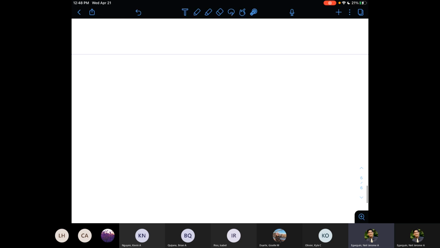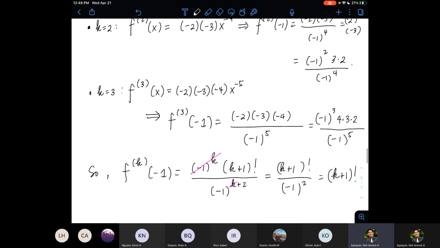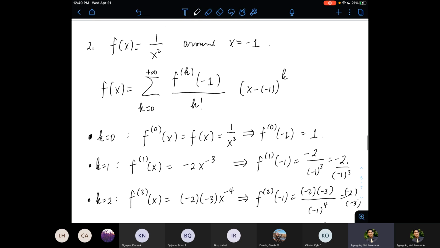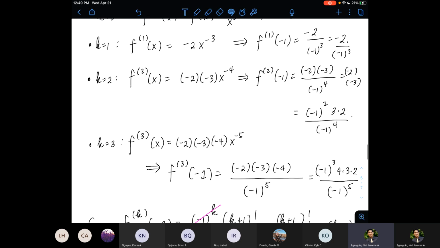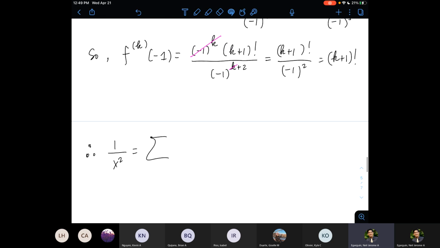All right. So here we'll have what? We now know that 1 over x squared will be equal to the sum of what? Of this guy. Let me just copy this to serve as my pattern here. Oh, we already know how this looks.